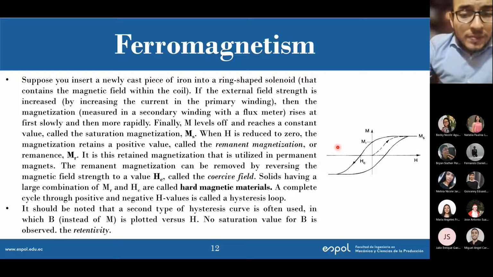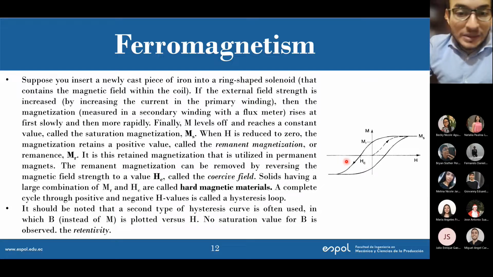And that's why, if you remember, all those materials that have a large combination of remanent magnetization and coercive field, so all those materials that have a big area of this hysteresis loop, are hard magnetic materials, because it's very difficult, almost impossible, to get them back to 0 magnetization, right?